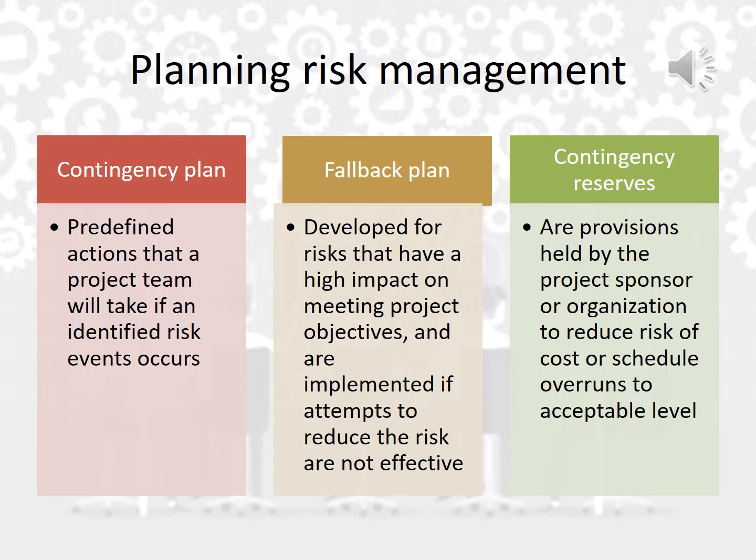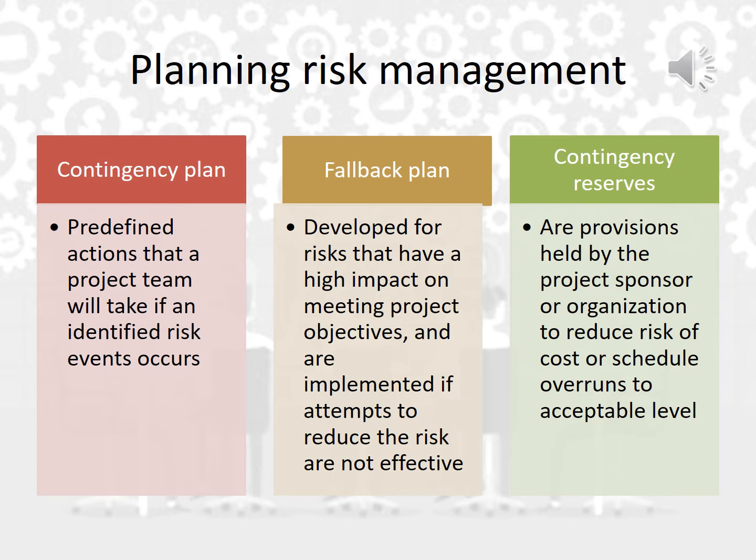In addition to preparing a plan for risk management, many projects will have other plans, which are contingency plan, fallback plan, and contingency reserves. Let's take it one by one. We'll go through the first one, contingency plan.